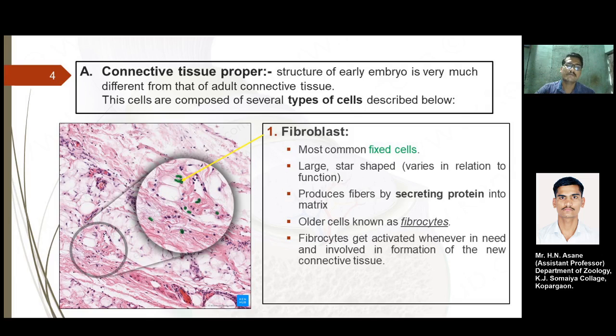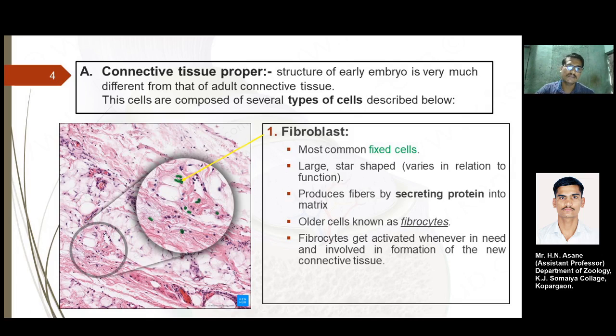After the fibroblasts get older, the older cells are known as fibrocytes. These fibrocytes get activated whenever they are needed and are involved in the formation of new connective tissue.